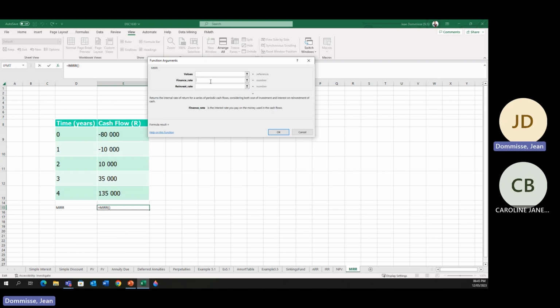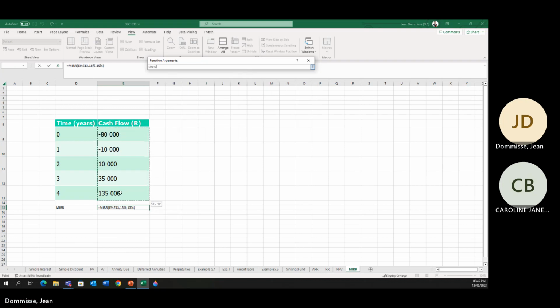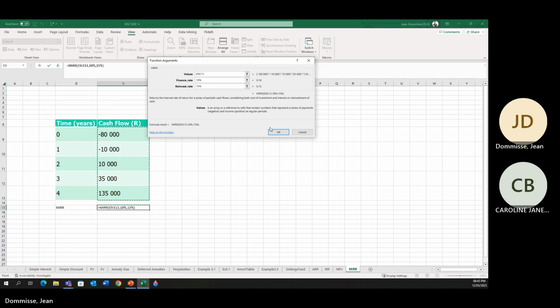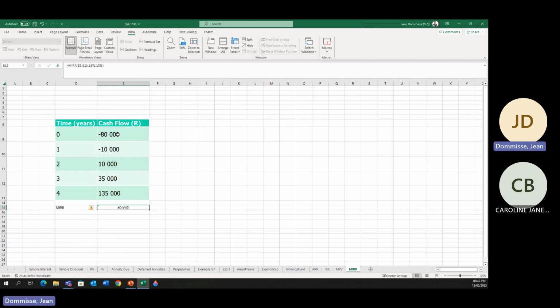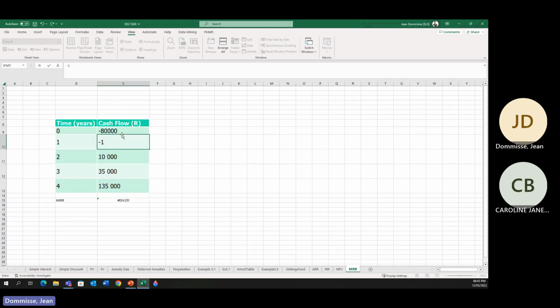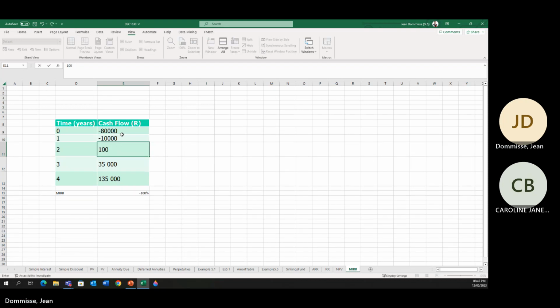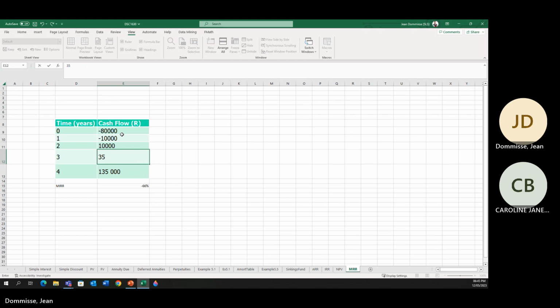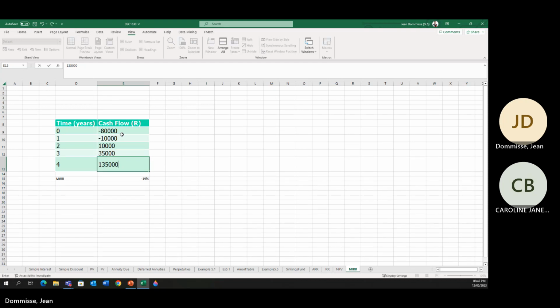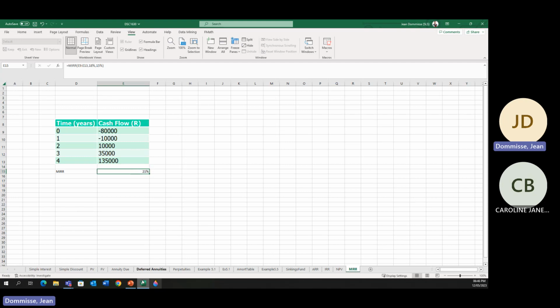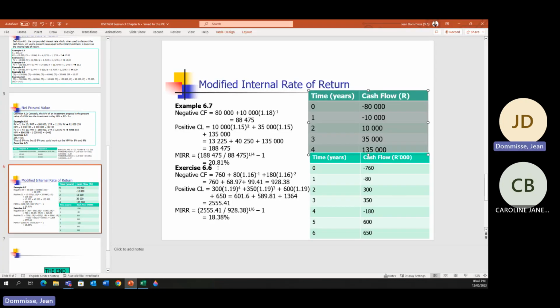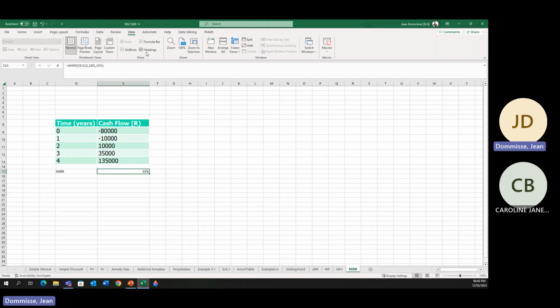So that was the 18%, 15%. Let's just make sure that we're sitting with numbers. Okay, and the MIRR was 20.81. So let's see.